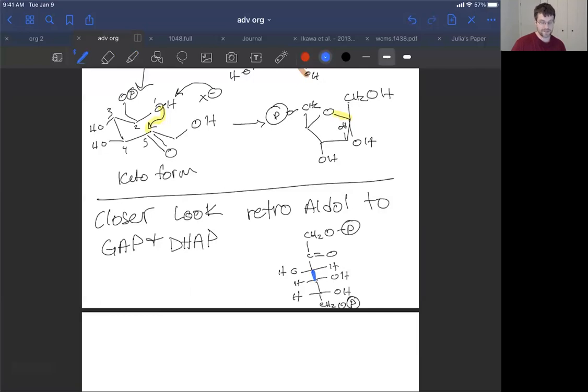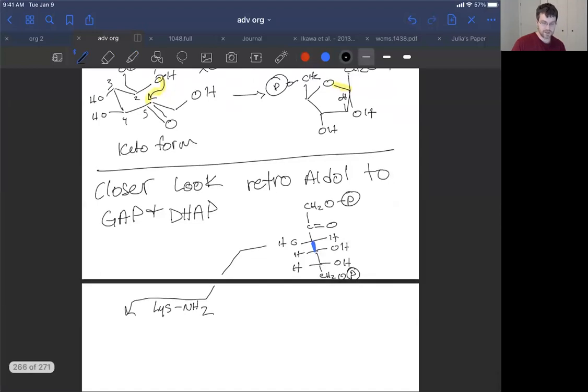Now to do that, we have to activate the molecule so it's more likely to undergo a retroaldol reaction. To do that, we engage an enzyme active site that has a free lysine residue. The lysine is at position 229 of this particular enzyme, a long chain ending in an NH2.